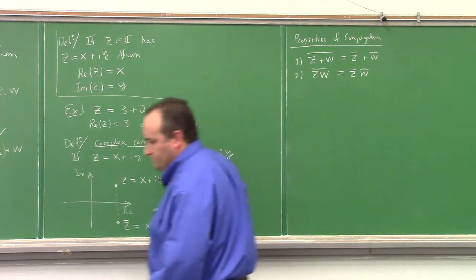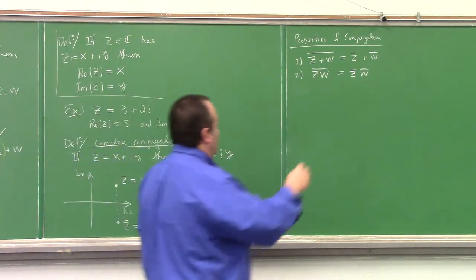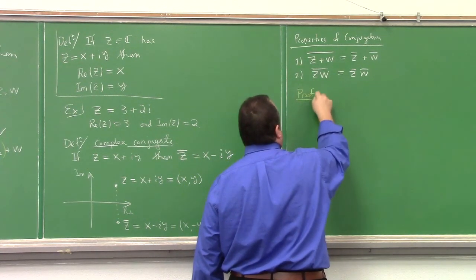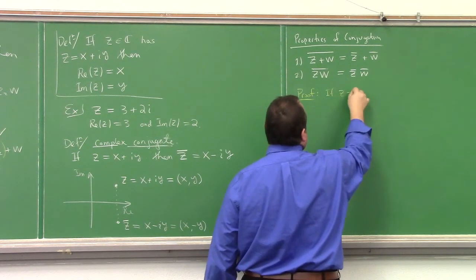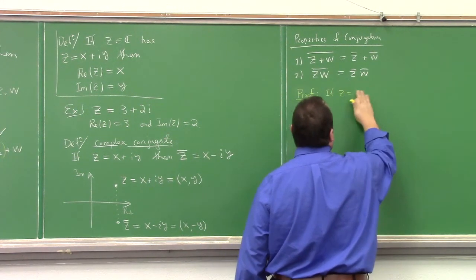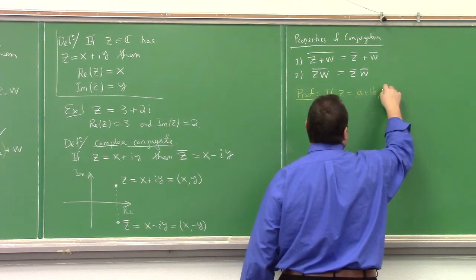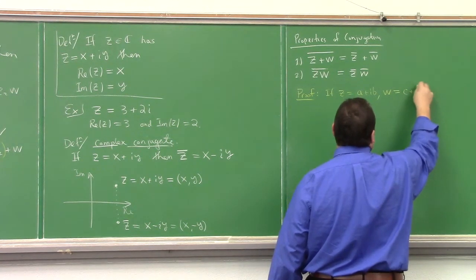So, proof 2. I'll let you guys work out one for yourself. But for 2, if z is x plus iy, let me say z is equal to a plus ib, and w is equal to c plus id.